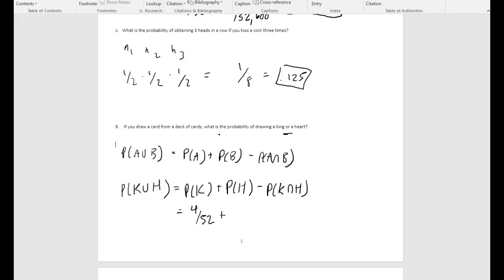Probability of a heart would be 13 of 52. There's 13 hearts in the deck. And the probability that it's a king and a heart is just 1 card, the king of hearts, 1 over 52. So 4 plus 13 minus 1 is going to be 16 over 52, which equals 0.3077.